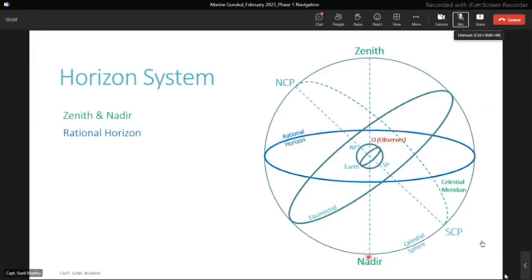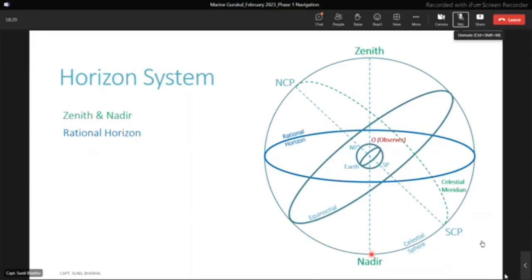So rational horizon is a great circle on the celestial sphere exactly midway between the zenith and the nadir. You can see the relationship is quite similar to what we had between the celestial poles and the equinoctial. Equinoctial was located exactly midway between the celestial poles. Exactly in the same fashion, rational horizon is situated exactly midway between the zenith and the nadir of the observer.